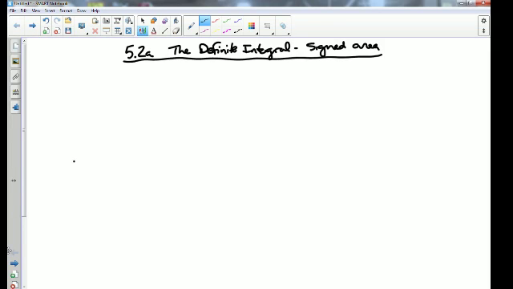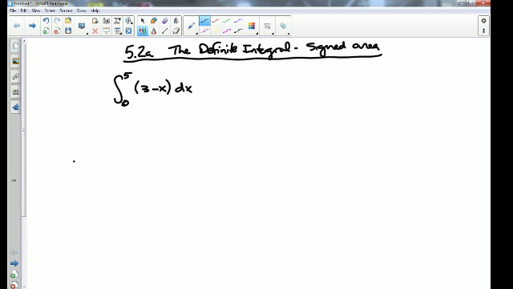When you see something like that, let me make sure I got the integral limits. I told you those are limits of integration. This is our function.